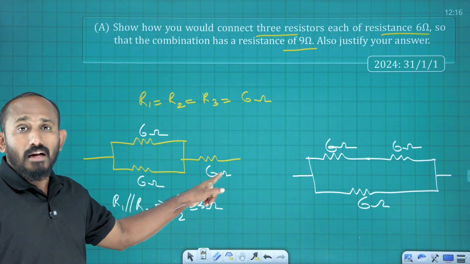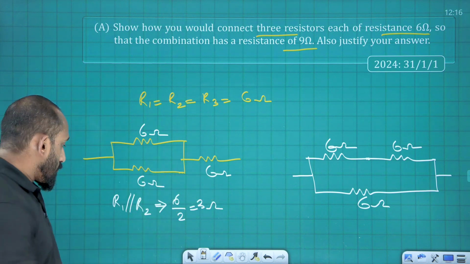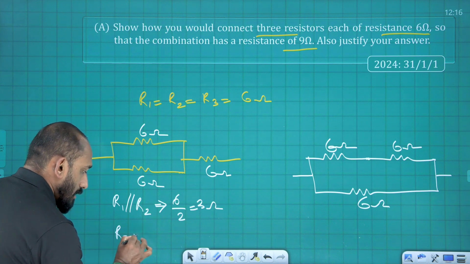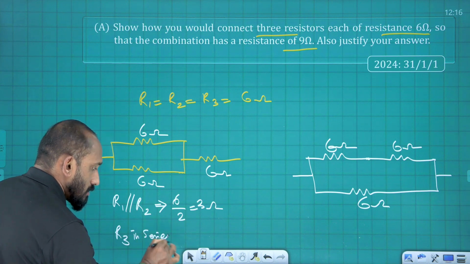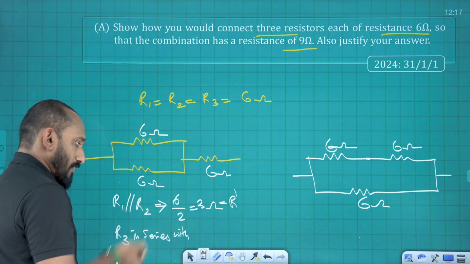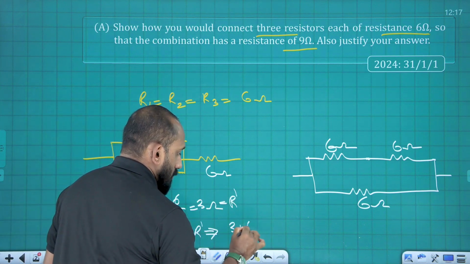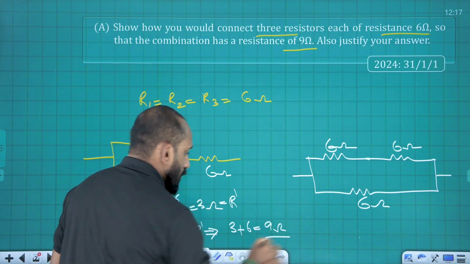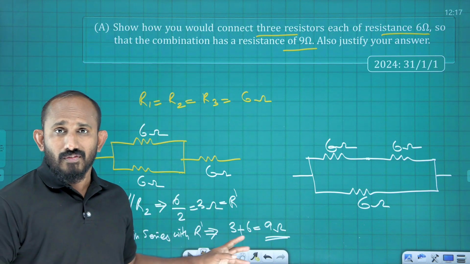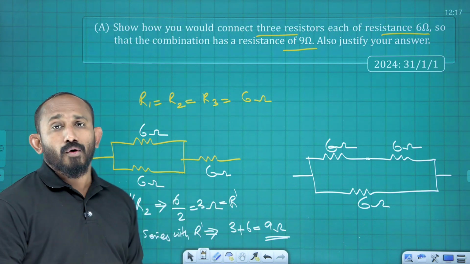Then R3 is in series with this resultant, which I call R dash, the effective resistance of that one. So we get 3 plus 6, that is 9 ohm. Yes, we got the answer here itself. This way, if you connect 2 in parallel and 1 in series, you will get 9 ohm.